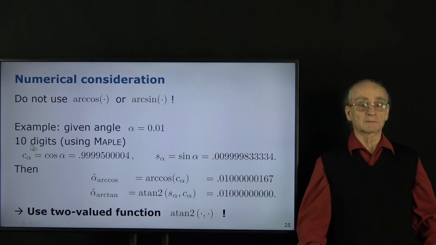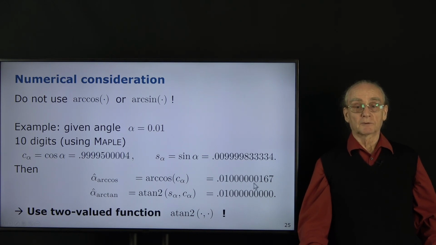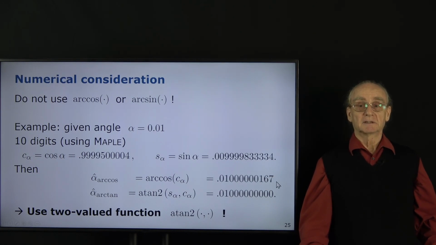So I used the case with 10 digits. If you determine the cosine of 0.01, you get this expression with 10 digits. The corresponding sine expression is this one. Now, let's assume you call the arcus cosine of this numerical value. Then what you get is 0.01, which is fine. But if you go a little bit further, within the 10 digits, you get 167 at the last 3 digits. That means the use of the arcus cosine leads to a numerical inaccuracy of your calculation.